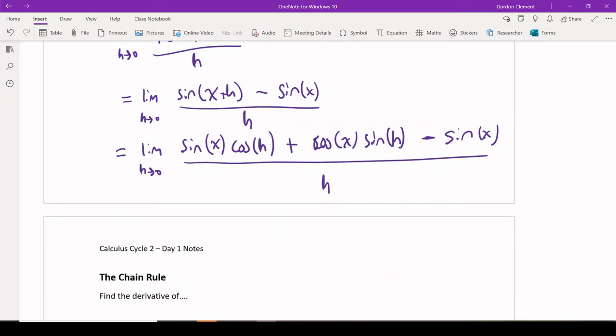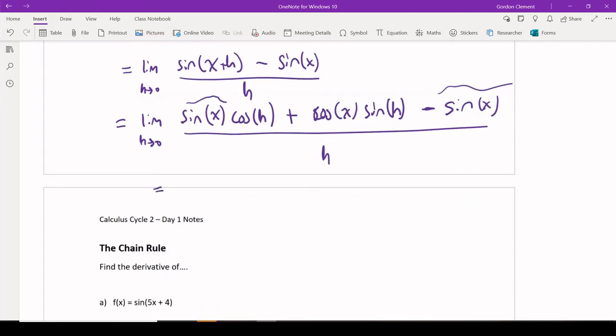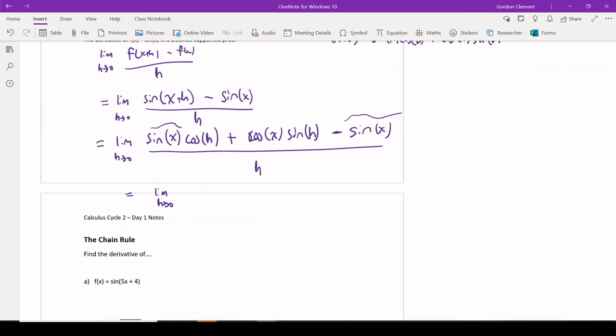And then what I'm going to do is I'm going to notice this term has a sine x and this term has a sine x. So I'm going to group those two terms together and factor out the sine.